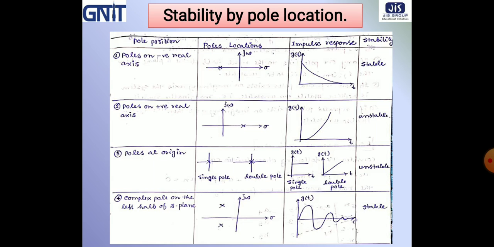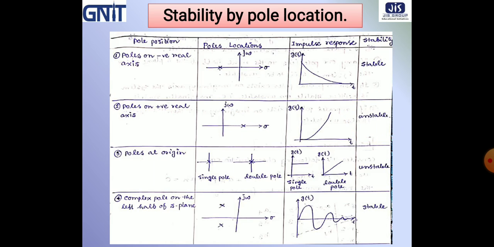Now this condition is called the unstable condition, as it does not approach 0. The value keeps increasing with increasing t. That's why it is called unstable. So we can conclude that if the poles are present in the positive real axis, then the system will be unstable.